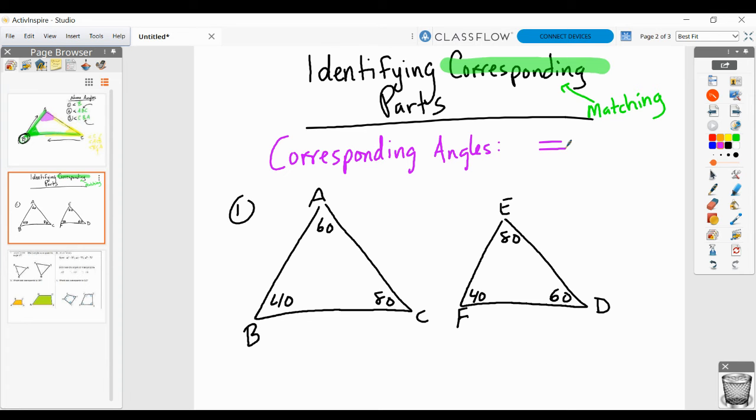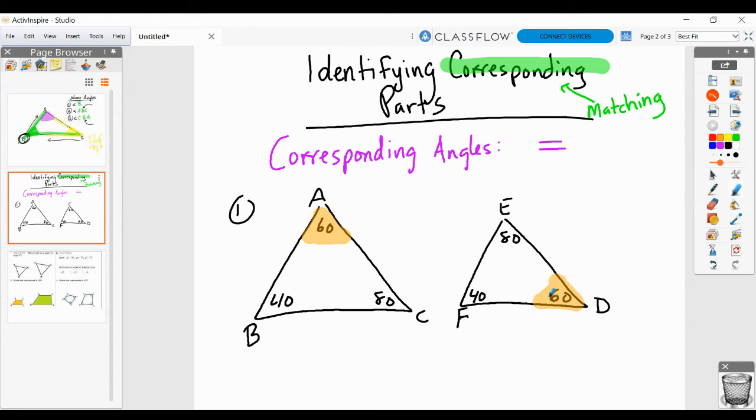When we look at this triangle ABC, and then this triangle over on the side, DEF, we want to identify the corresponding angles. In other words, we want to look at which angles have the exact same measurement. So if I were to start with angle A, which has a measurement of 60, the corresponding part to angle A is going to be whichever angle in this second triangle has a measure of 60.